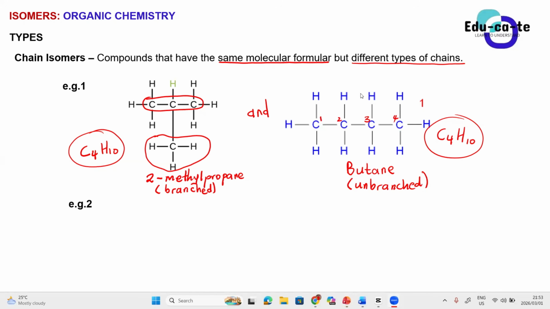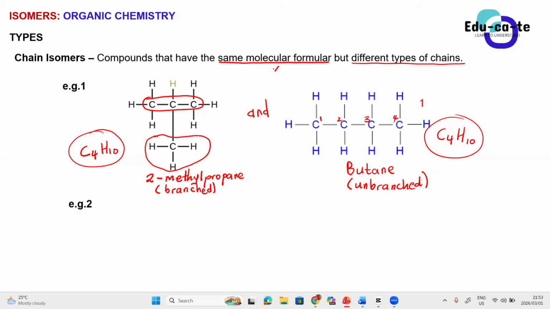So do you guys realize that the difference between these two structures is that one is branched, the other one is not branched? That is the difference, yet the molecular formula is the same. So that's the first type of structural isomer that we have: chain isomers. Chain isomers have the same molecular formula.